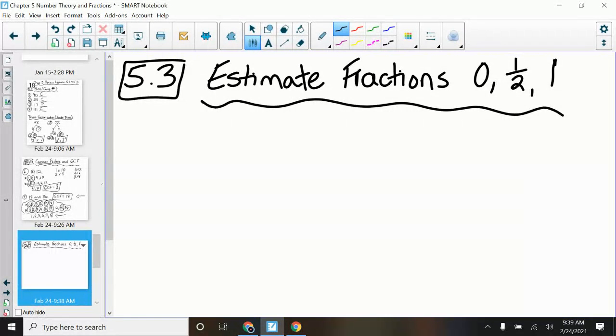That was your job, to try to figure out if the fraction that they gave you is closest to a 0 on a number line, closer to a 1/2, or closer to 1. Okay? So if we look at an example, so this is now problem number 8, an example would be something like 2/11.